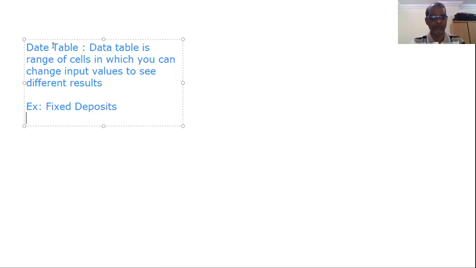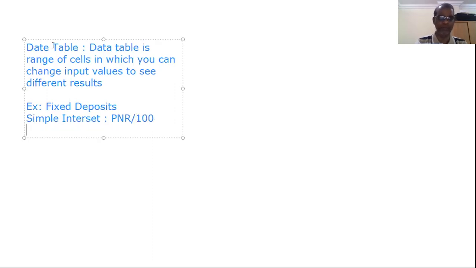We know very well the formula for simple interest. The formula of simple interest is PNR divided by 100, where P refers to the principal amount, that is 1000 rupees you are going to deposit, or whatever amount you want to deposit.